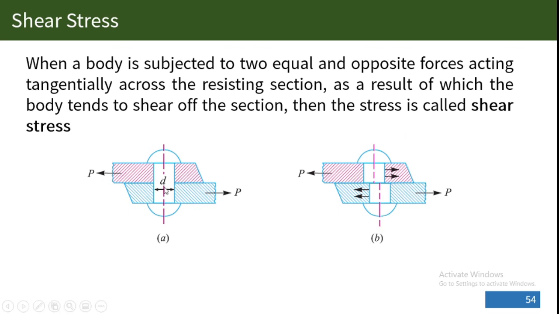Okay? So look at this rivet here, it tends to be cut off. Right? So we can see here that there's a tendency to cut off or to shear off this particular section. Okay? So this type of stress that acts upon this particular arrangement is called shear stress, right?